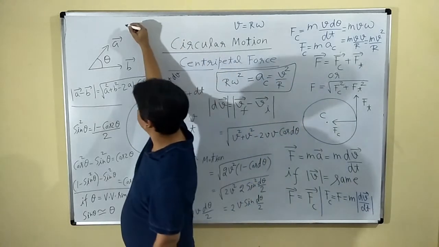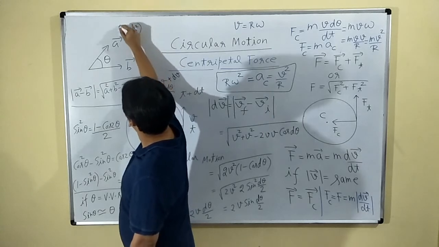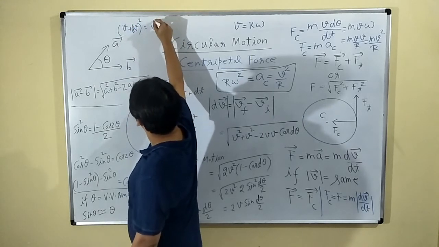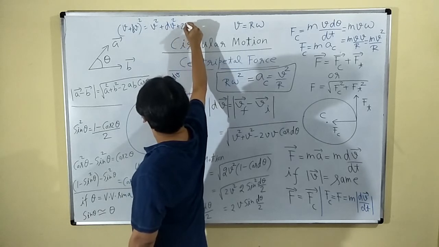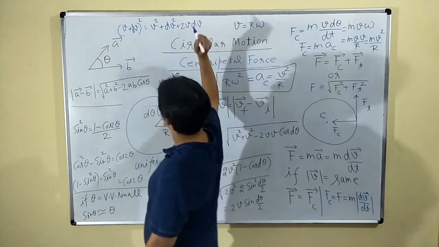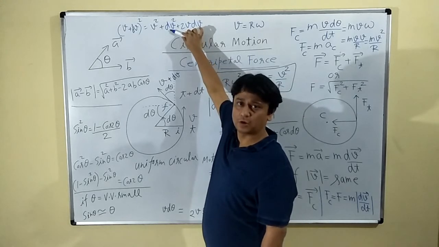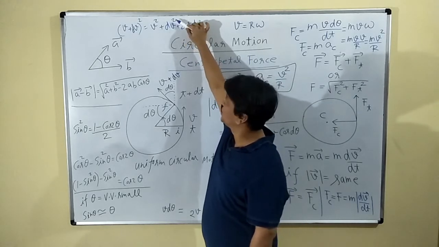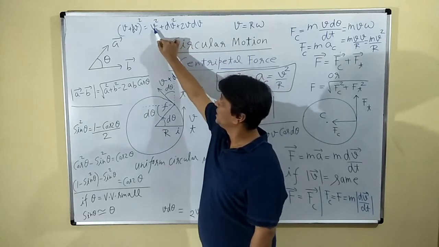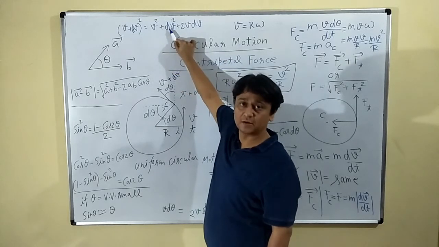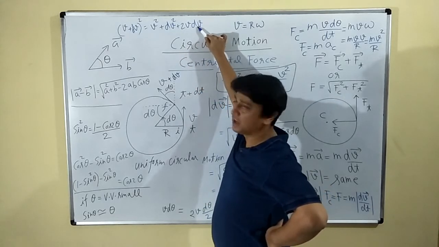Now let me show you this part here. V plus dv whole square. What is it? V square plus dv square plus 2v dv. This dv is almost negligible. उसका भी square किया हुआ है. And therefore इस पूरे part में v square के comparison में ये चीज negligible है. Similarly, you're multiplying v with dv. What is dv?